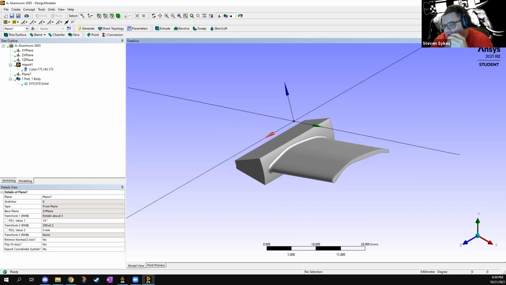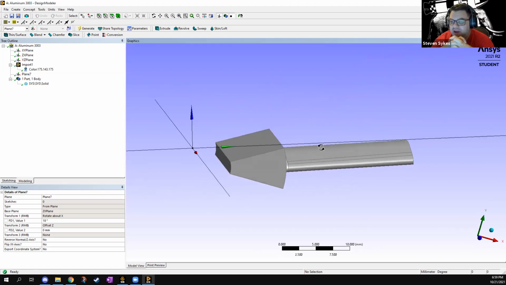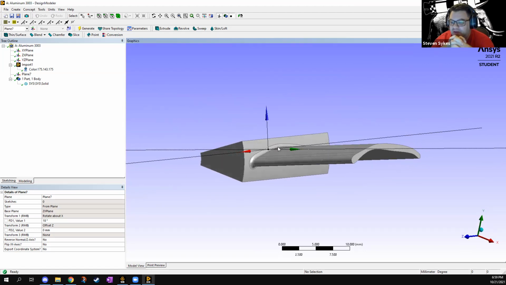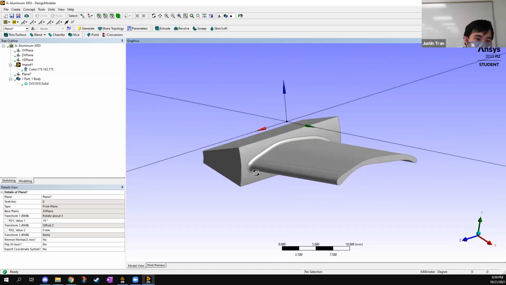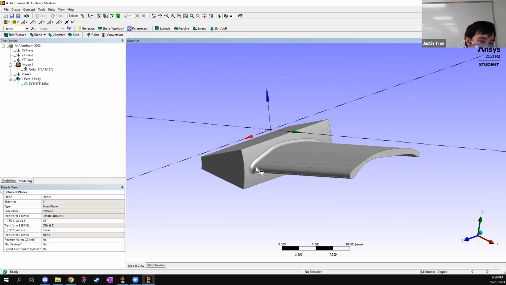So for the blade, this is kind of like a turbine blade for an engine, not necessarily like a windmill blade. That's what the place where I got it from called it, but you can interpret this how you want.